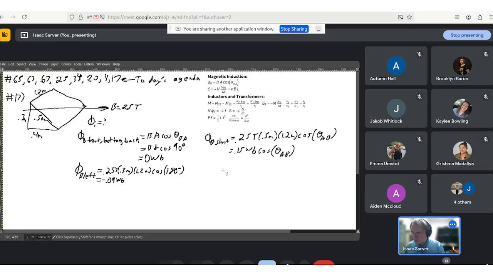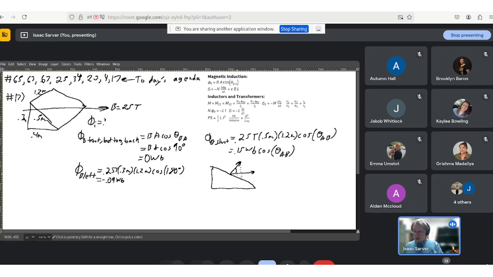So we have, if I can draw a better triangle, good heavens. Alright, so we have a normal going this way and a B field going that way, and we need this angle here. Alternatively, we need, oh come on, there we go.